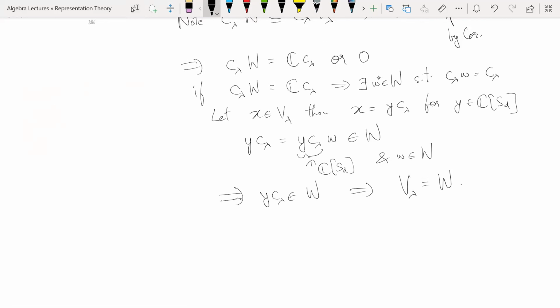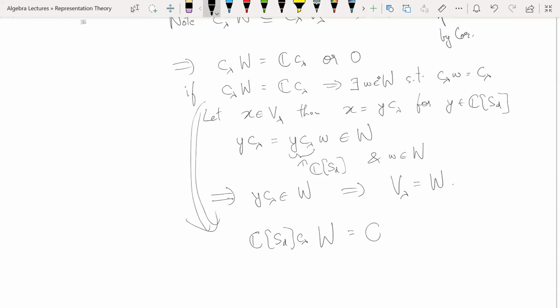Maybe instead of doing this, one could have done it directly by saying that CST C lambda, which is some collection of elements in ST, times W is equal to CST C lambda, which is V lambda, and this of course is contained in W. So that proves that V lambda is also contained in W. That's what this element-wise argument is.